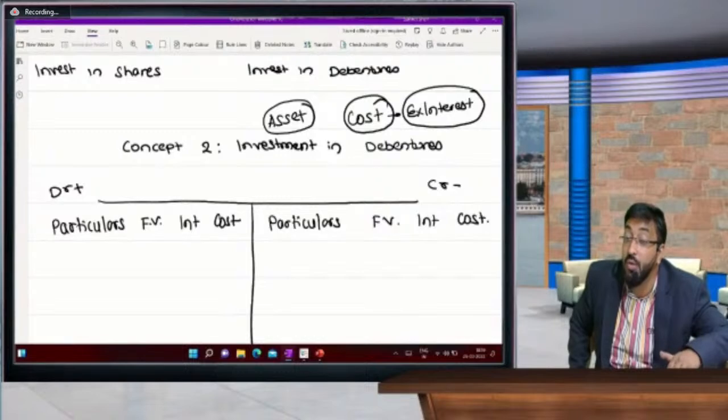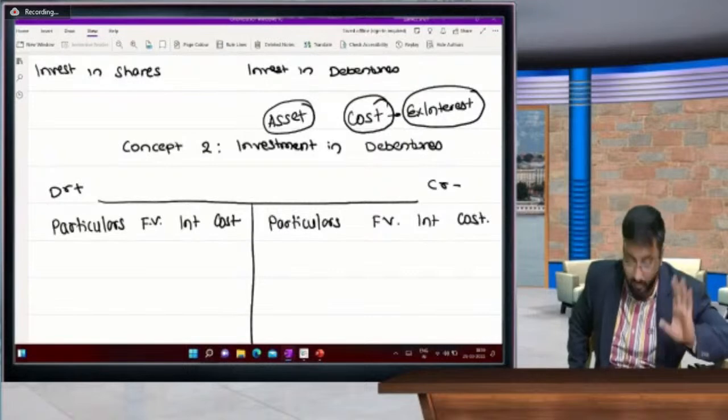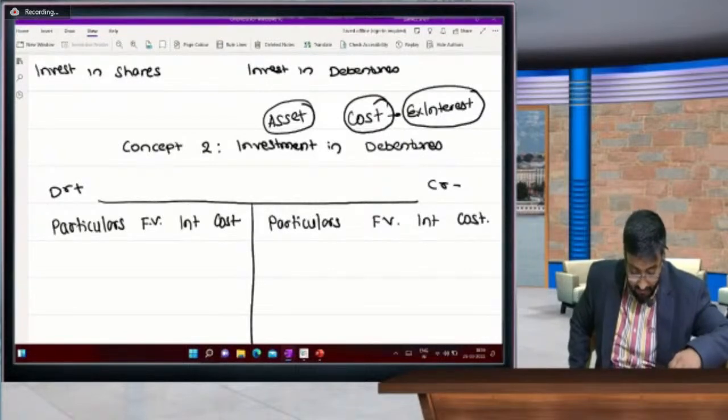Here we are going to receive interest, and we will pay interest to the last holder. This is the basic difference.